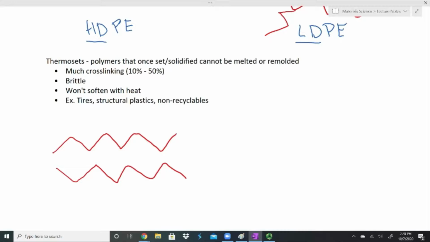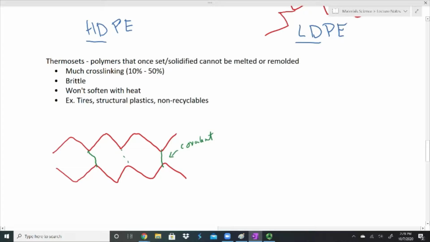And a lot of times when you use epoxies, they actually get warm, or you can see some type of steamish smoke, something coming off of it. And what's happening is it's actually changing the chemical structure. We're actually forming new covalent bonds. These are covalent bonds, not van der Waals.